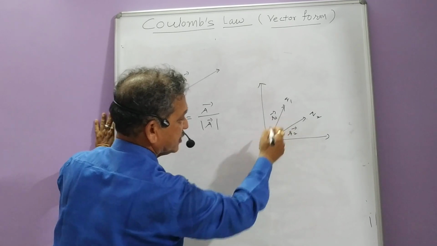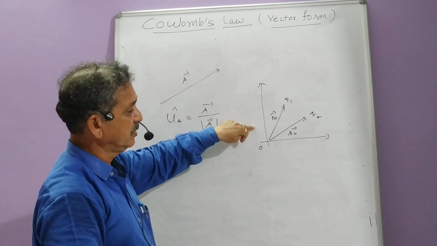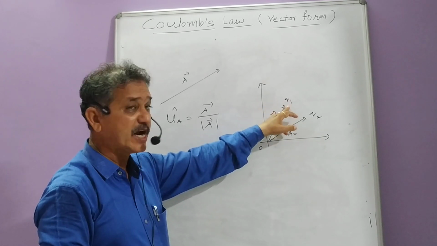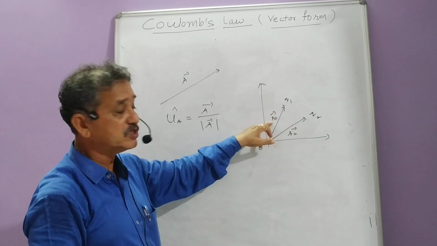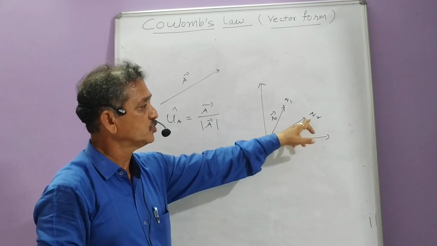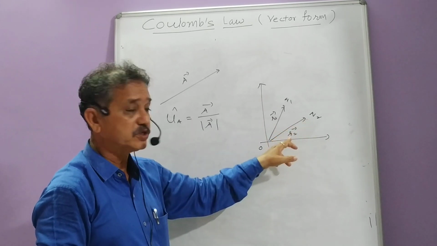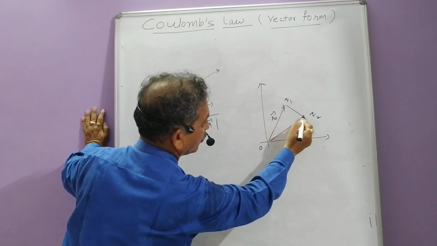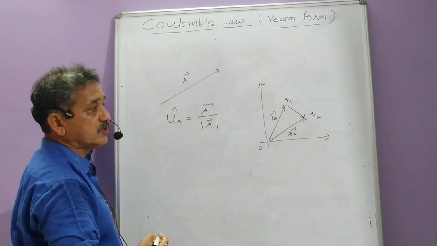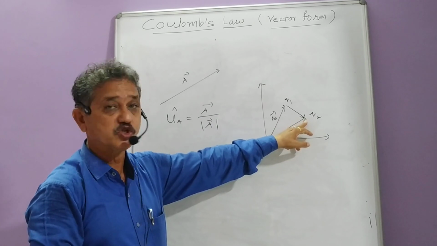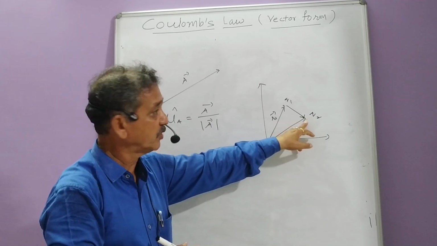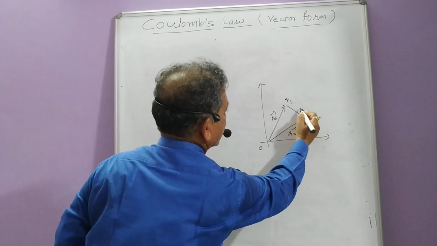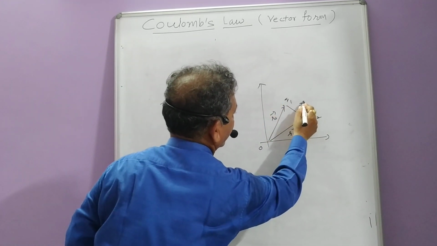This is the position vector of charge Q1 with respect to origin, so it is denoted by R1. This is position vector R2 of charge Q2. But now if I join Q1 to Q2, it is the position vector of charge Q2 with respect to charge Q1, so this can be denoted by R21.